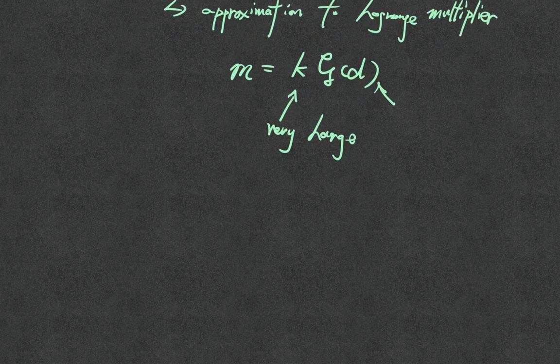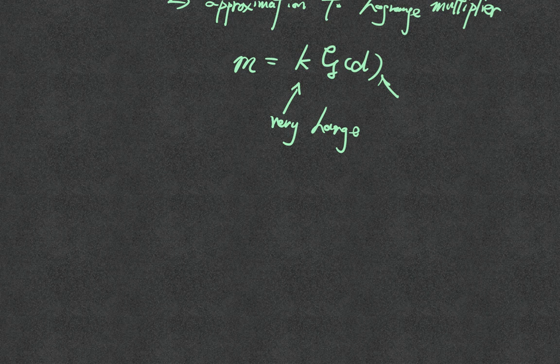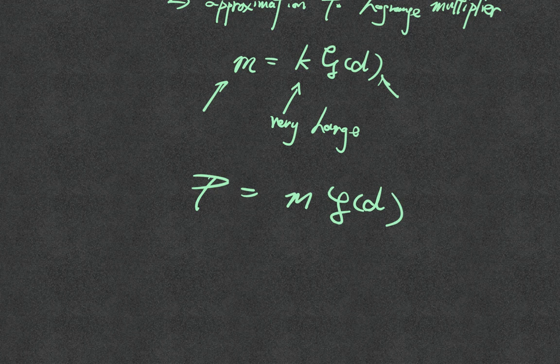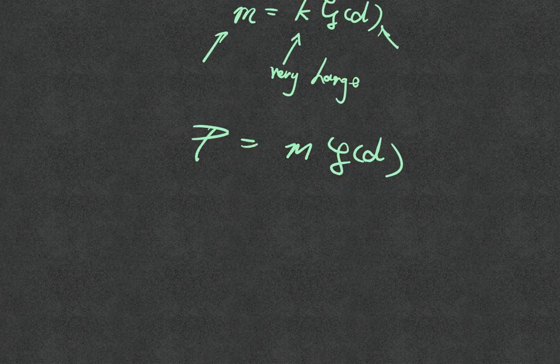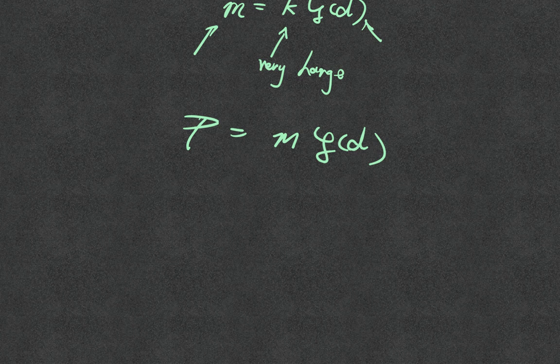To write that is very simple. I just put this in and introduce a new energy. Maybe I will call it P. It's simply M times that constraint. You see what I mean? That introduces an energy on top of my original energy.